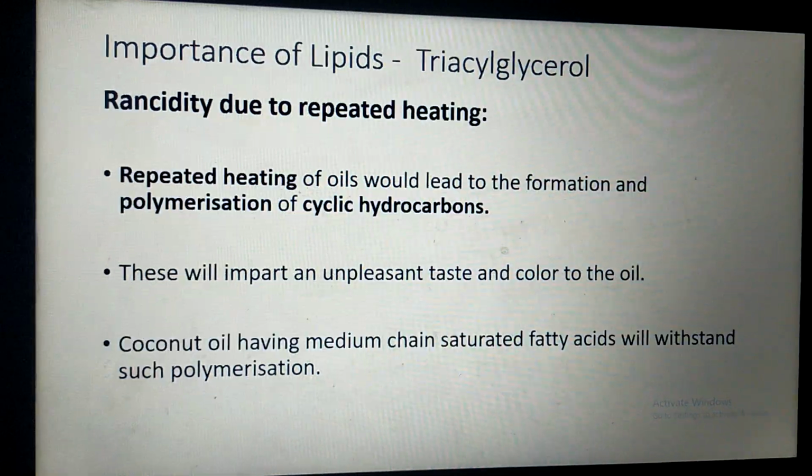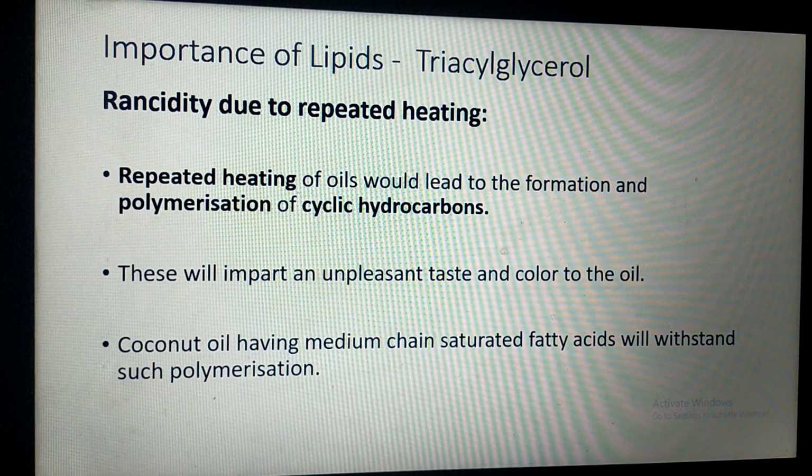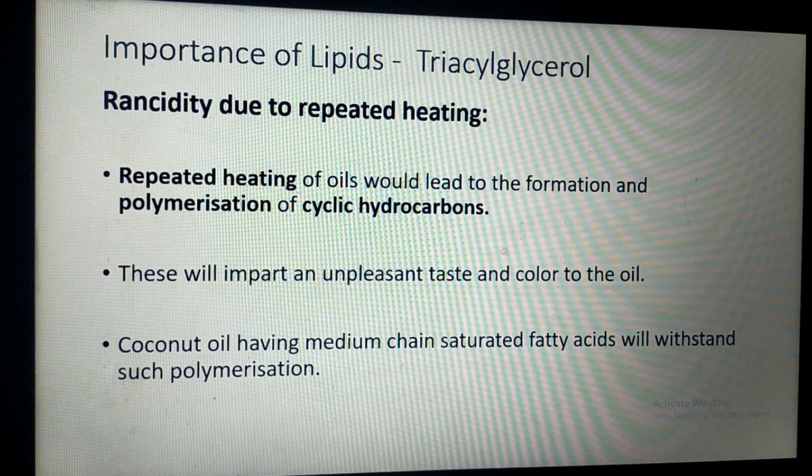Next, rancidity due to repeated heating. Repeated heating of oils would lead to formation of polymerization of hydrocarbons. These will impart unpleasant taste and color to the oil. Coconut oil can have medium chain saturated fatty acid and will withstand such polymerization. So this is seen when the same oil is repeatedly used for frying.